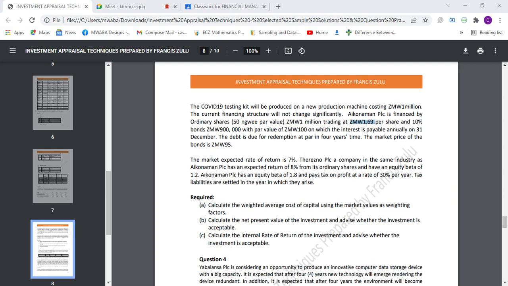VD equals value of debt divided by book value of debt, times the market price.